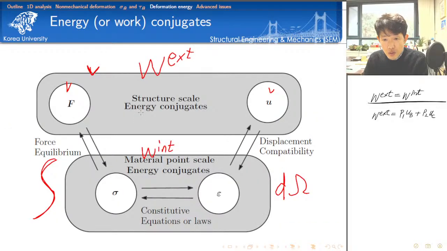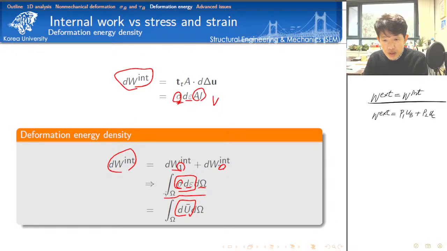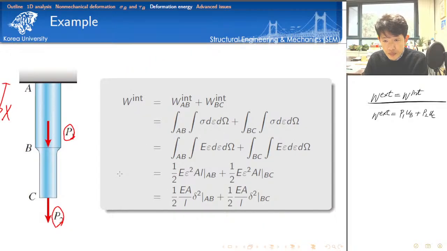So make sure that the internal work is given in this integration form. So we need to integrate over the volume. So here the calculation of internal work of the whole body is what? We need to calculate the deformation energy for segment 1 and segment 2, AB and BC.